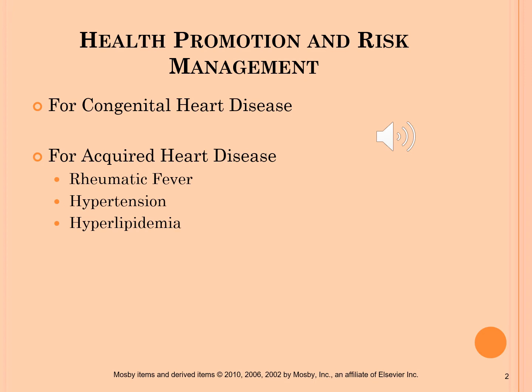And then getting into risk management of acquired heart disease. To name a few that we're going to talk about: congestive heart failure, rheumatic fever, infectious endocarditis, and Kawasaki's disease. These are all different ones we're going to talk about later on in this chapter. But when we're assessing risk management for acquired heart disease, we're looking at identifying those risk factors. I'm going to hit the big ones.